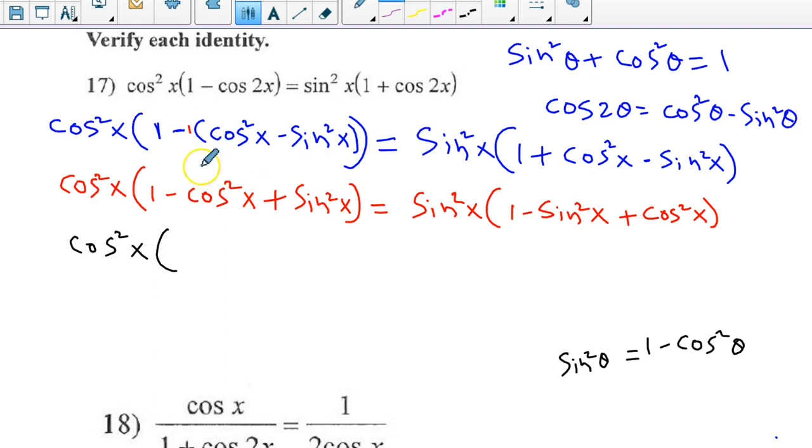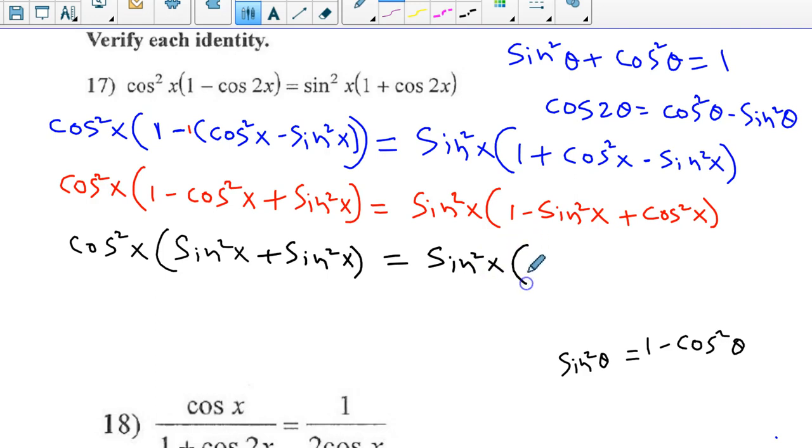So here, instead of 1 minus cosine square x, I can write sine square x. 1 minus cosine square x is sine square x. Plus, I already have a sine square x. One more is there, right? Over the left hand side. Now on the right hand side, it is sine square x times, tell me, what is this 1 minus sine square x?